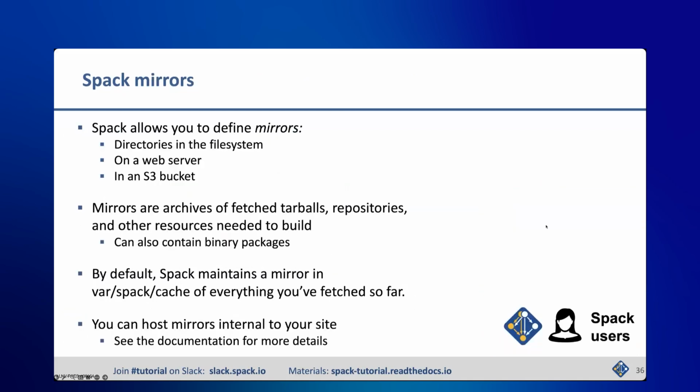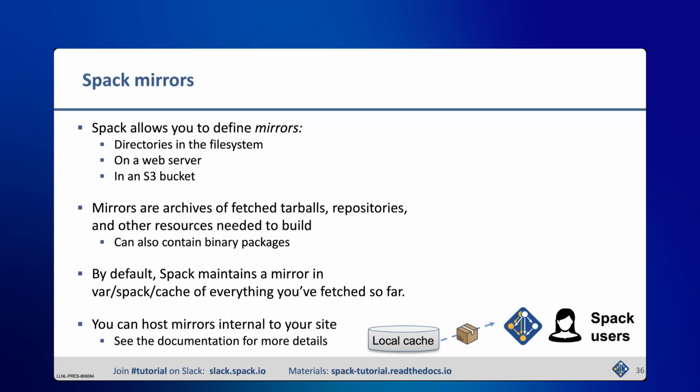We have something called mirrors, and you've been using these to fetch source as we've installed things, and also to fetch binaries. Essentially, Spack looks in a lot of different places for the things that it fetches in order to build things. The first place it'll look is in a local cache. Every time you download a tarball with Spack, there's a local cache of all the things you've downloaded.